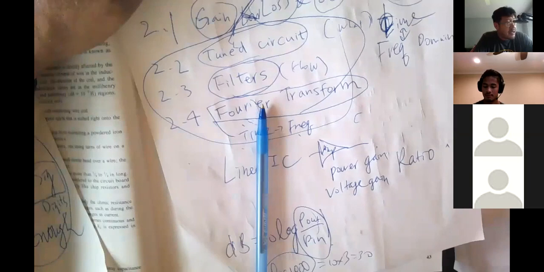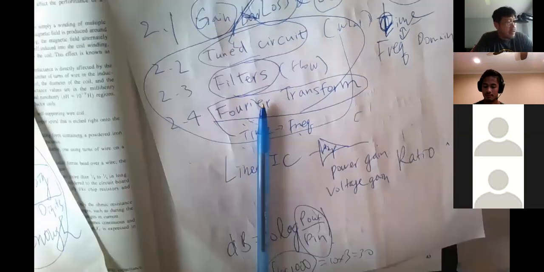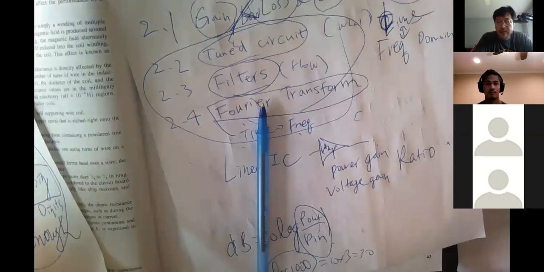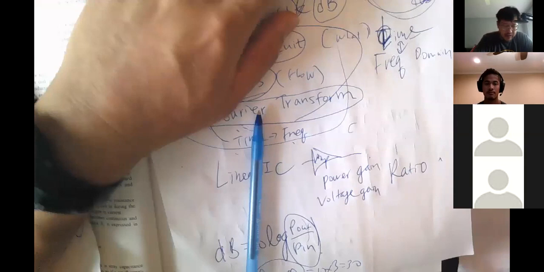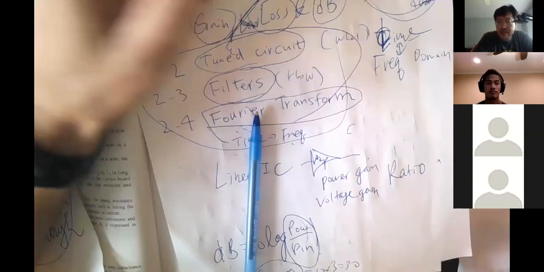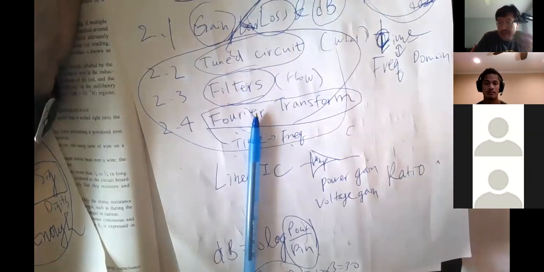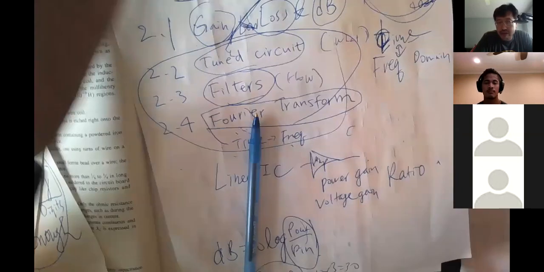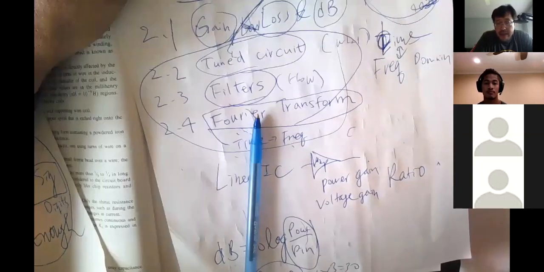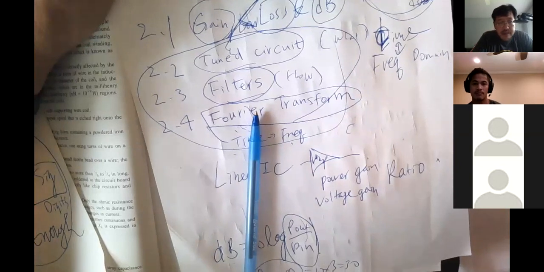I have a computer which does the Fourier transform. They call it a spectrum analyzer. A spectrum analyzer is a dedicated computer which analyzes spectrum. When you analyze spectrum, that means you're looking at the signals in the frequency domain. So let's see a spectrum analyzer.